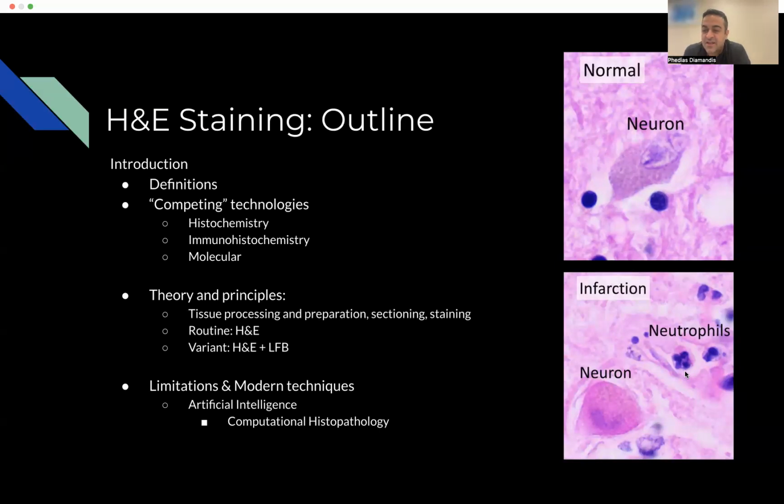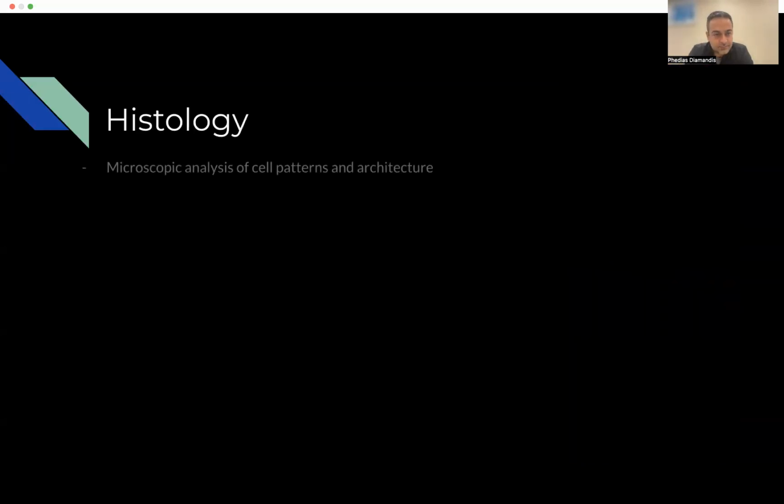The neurons are dying, and the neutrophils and other inflammatory cells are coming in to clean up the mess. So as you can see, very powerful tool. Even at this high magnification, we can quickly understand what's going on in this particular section.